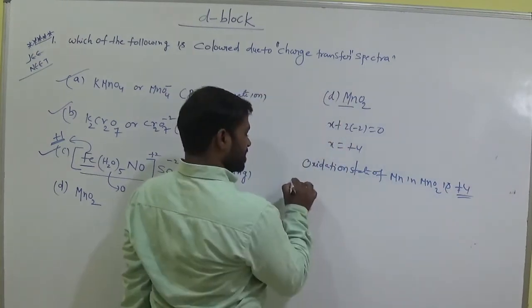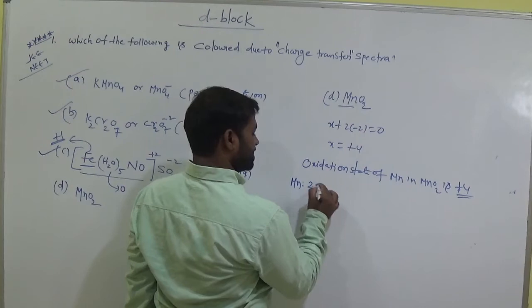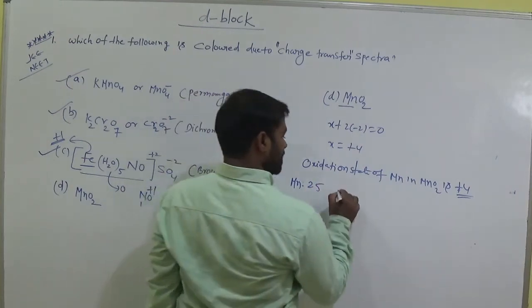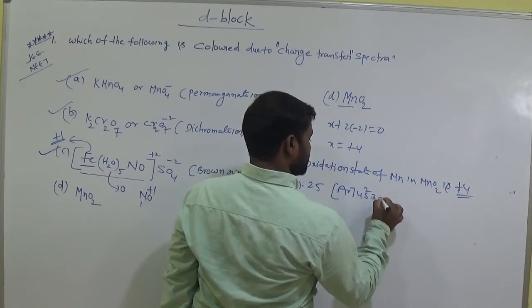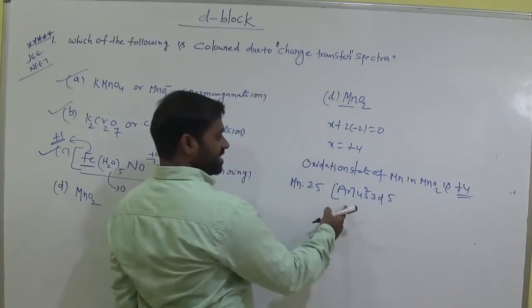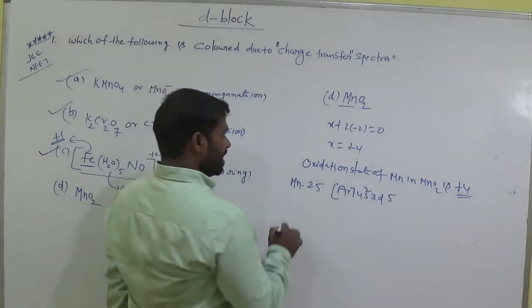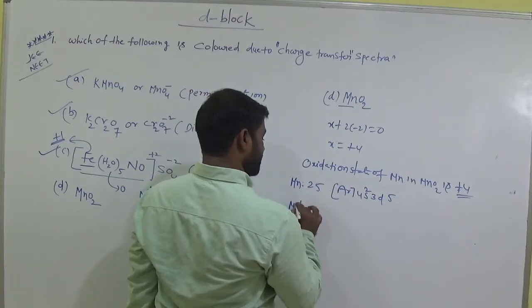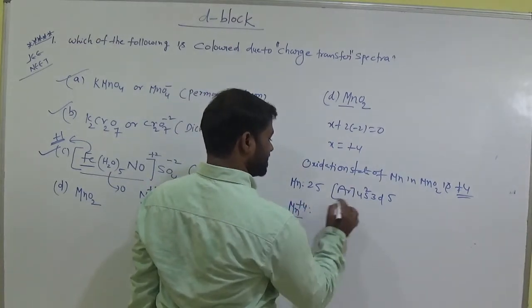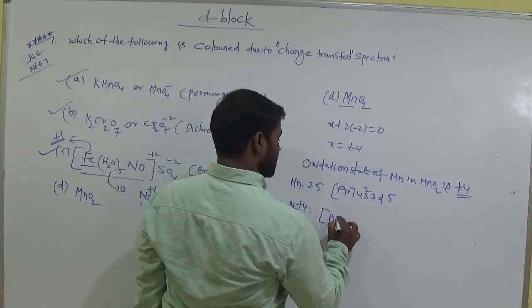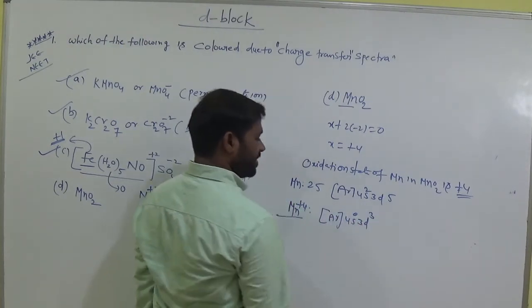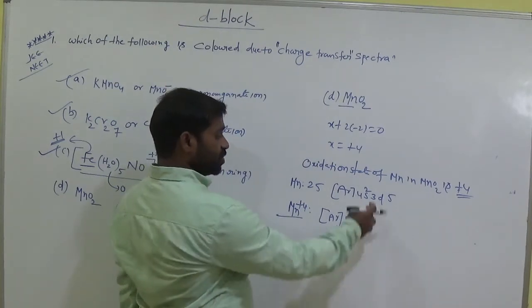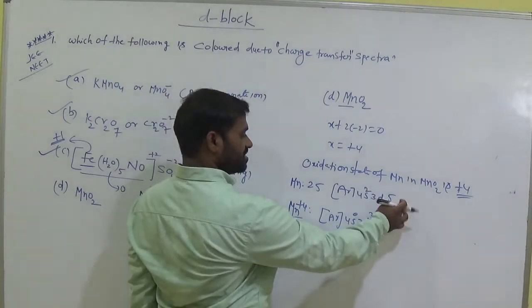Its atomic number is 25 and its electronic configuration is argon 4s2 3d5, you know very well. 18 plus 2 plus 5 is 25. Clear? And Mn plus 4 means remove how many electrons? 4 electrons here. That is argon 4s0 3d3.